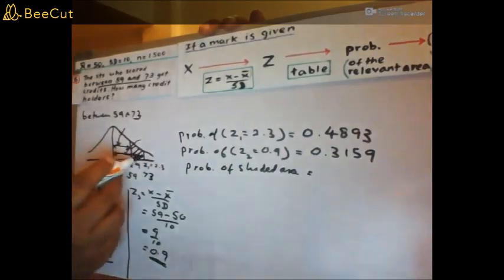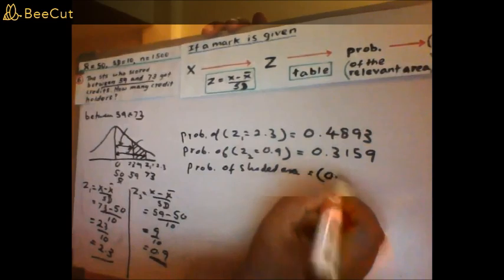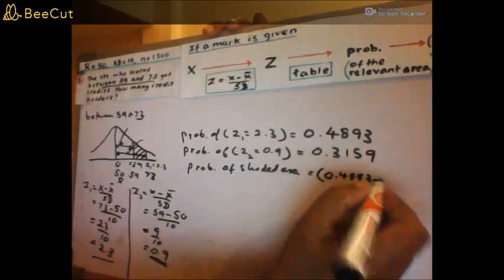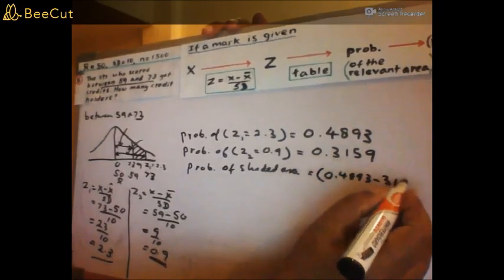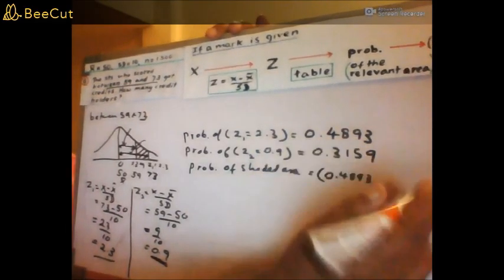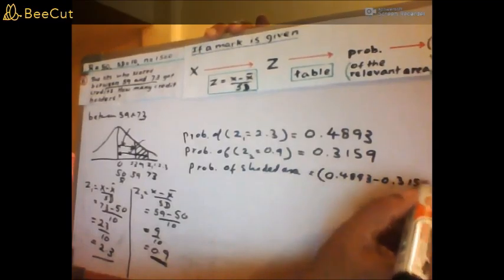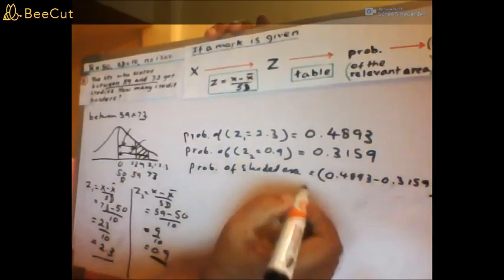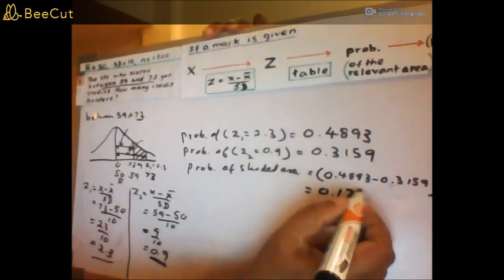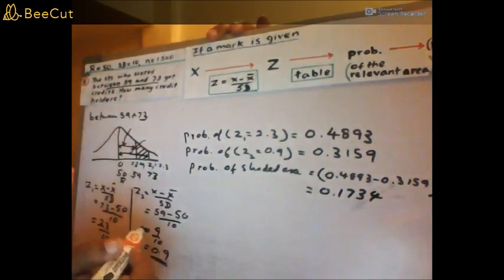What you have to do? We have to deduct this one from this. Deduct this from this, right? So the answer is 0.1734.